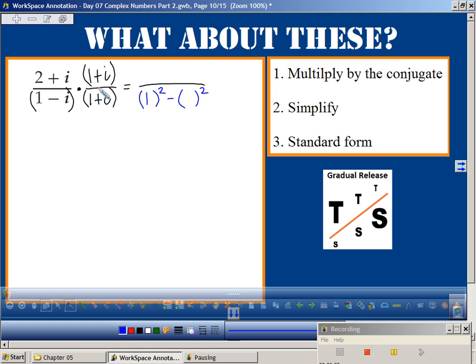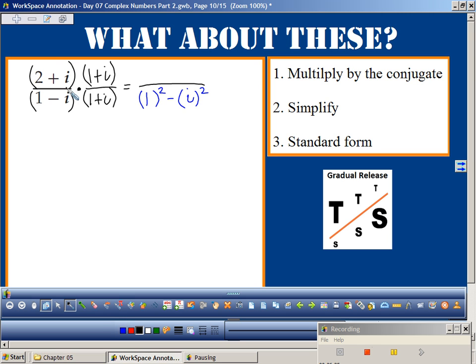What's the square I broke up with this one? All right. What about the top? What happens with the top? Do you guys see how I took the 1 and the I and I just put it in there? Yeah? Okay.